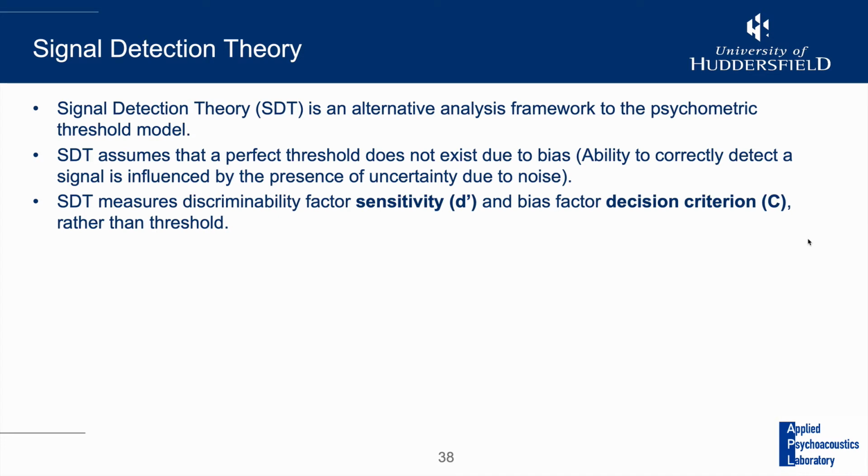So instead of measuring threshold, SDT measures the discriminability factor, which is sensitivity, called d prime, and the bias factor, which is the decision criterion. The d prime and the decision criterion C are calculated from the hit and false alarm rates.